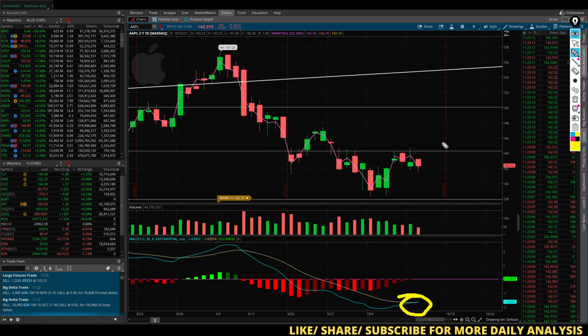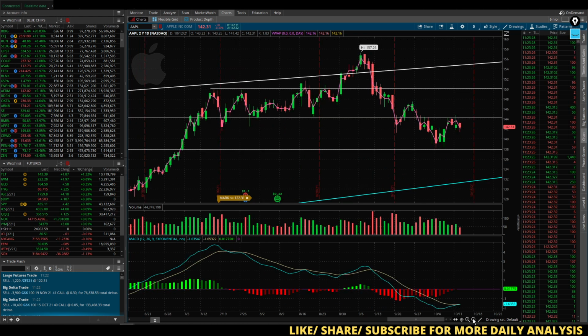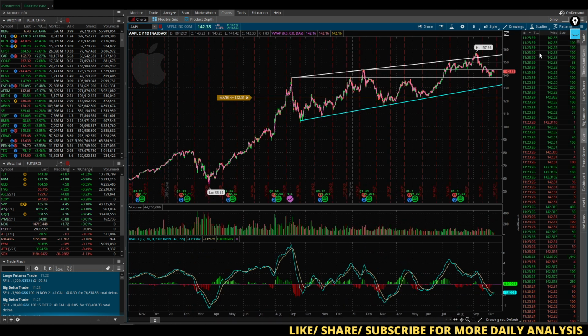We'll see tomorrow, depending where it closes today, and for the rest of the week as well. That's looking interesting here. That could be the indicator that maybe it is about to push higher from here, but we'll see.